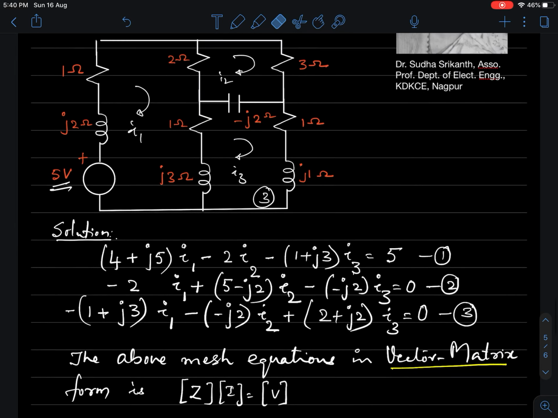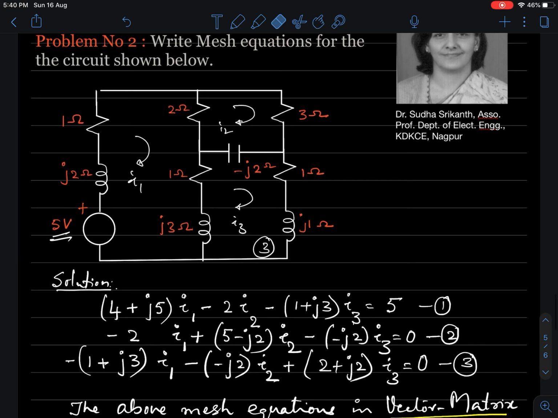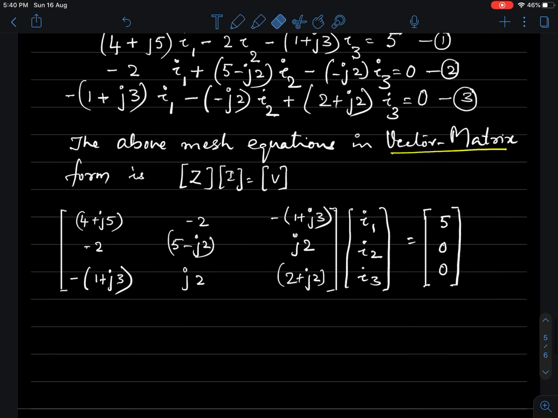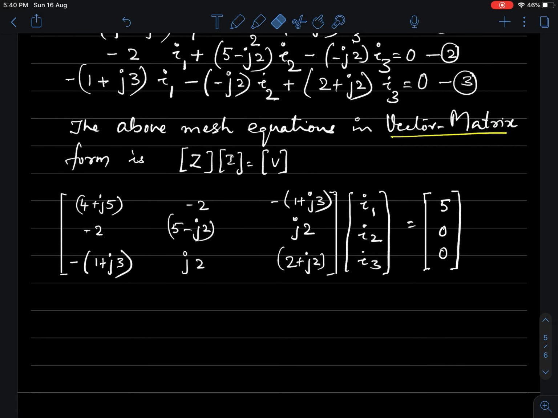More problems will help us understand things better. We will slowly move on to a few more problems on how to write the mesh equations. In most of the videos I am covering only the independent sources. If time permits, I will make some videos on dependent sources and upload them.